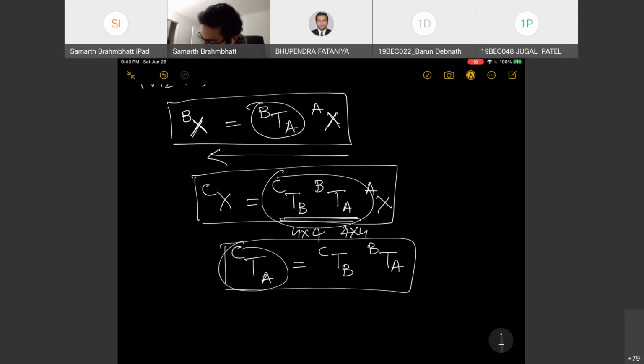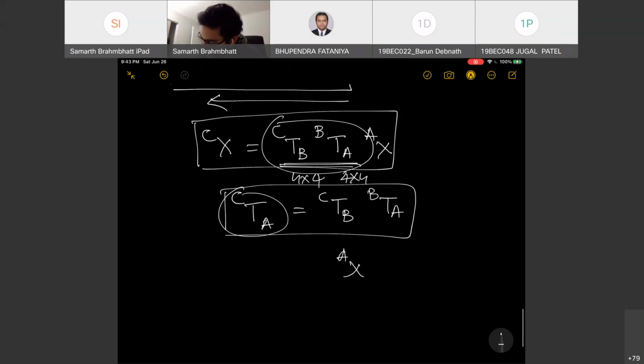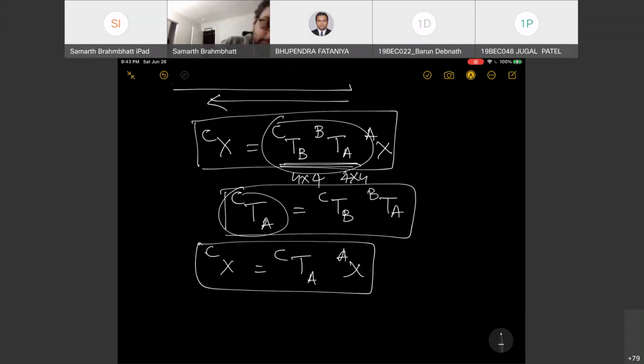So now we can use directly this matrix to go from the A coordinate system to the C coordinate system. Okay, great. So this was some basics about 3D coordinate systems and things like that.